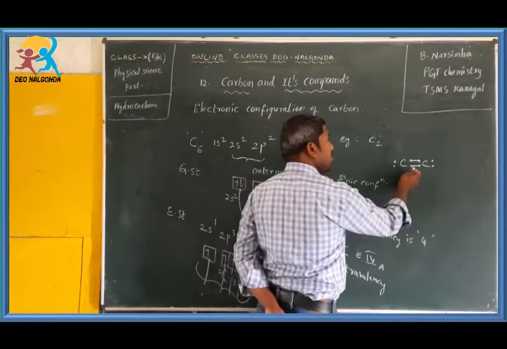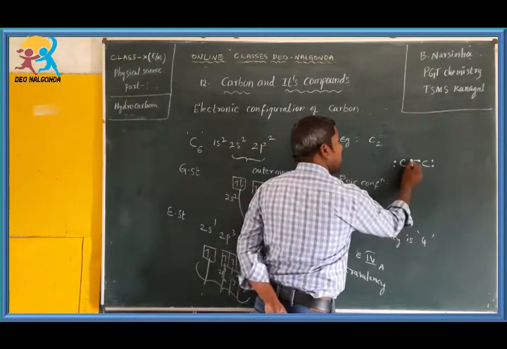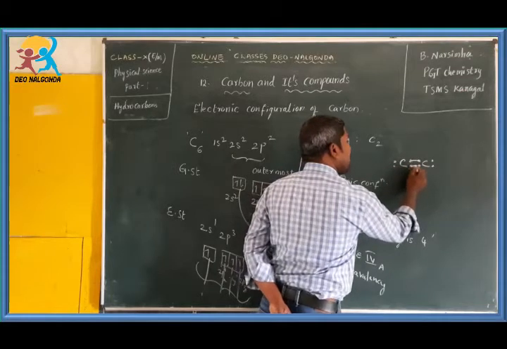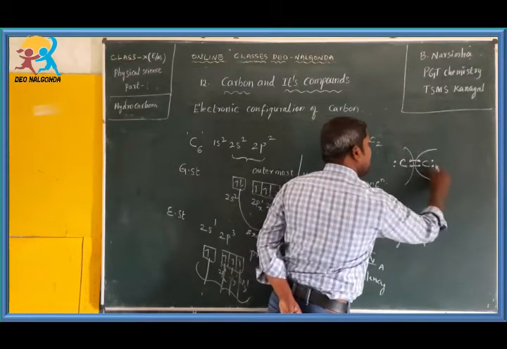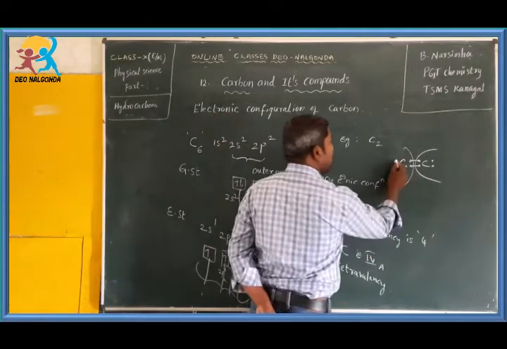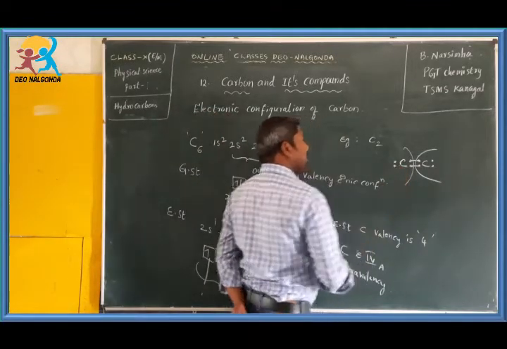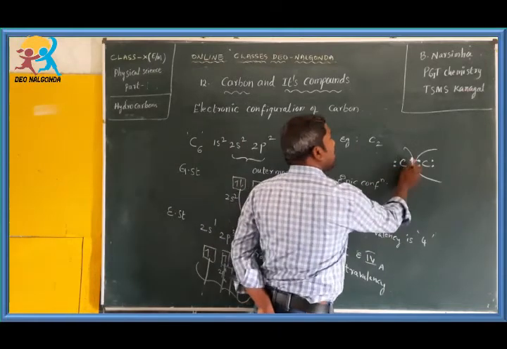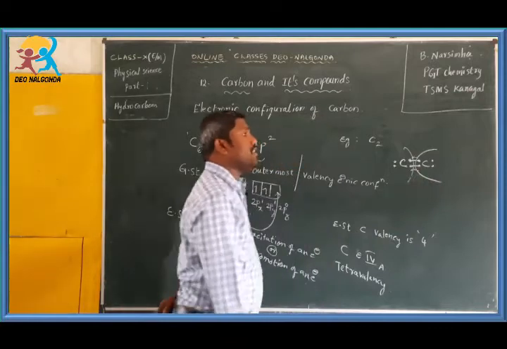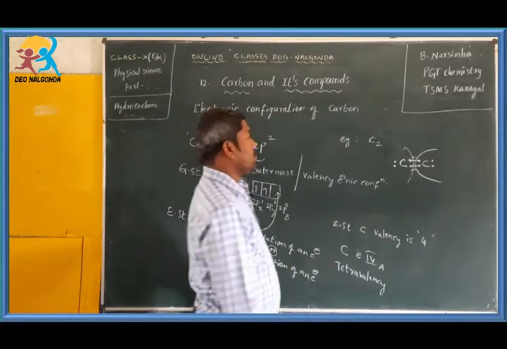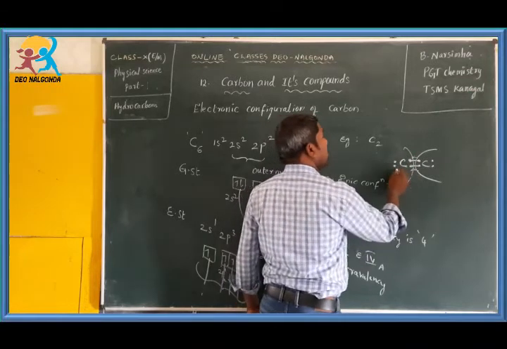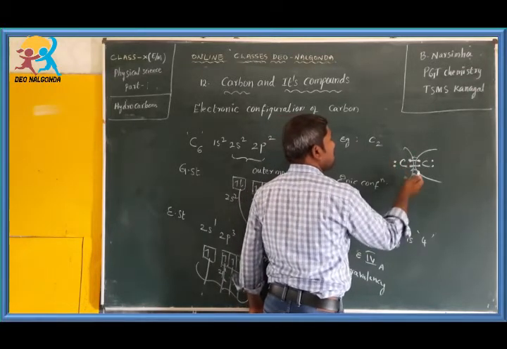Each carbon contains 4 electrons in the outermost shell. The bonding capacity of carbon is 4, but in the ground state only 2 bonds participate. Therefore, the bonding capacity is 2 in the ground state.